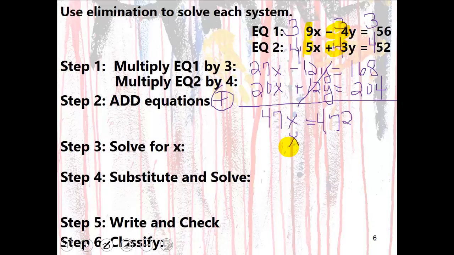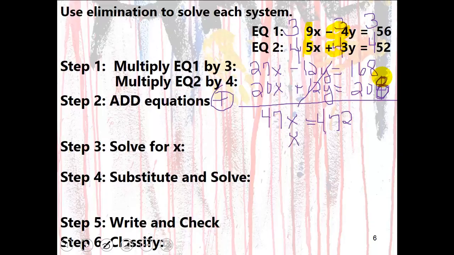Let me double check my math. I think I might have a problem here. Oh, it should be 208, not 204. You're probably saying, well, of course it is, Mrs. Westridge. Plus 168. 168 plus 208.